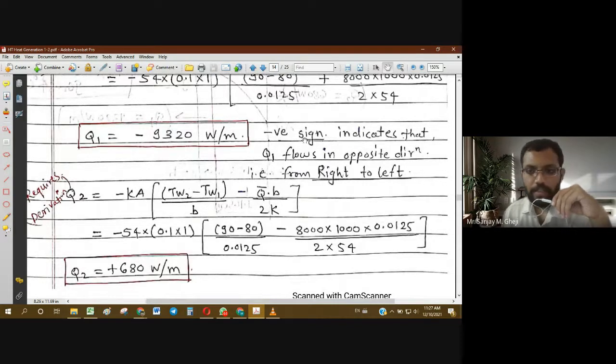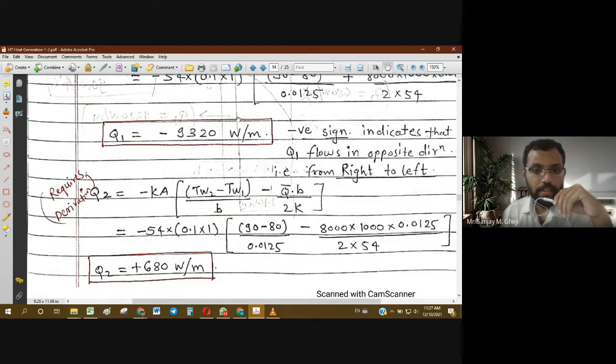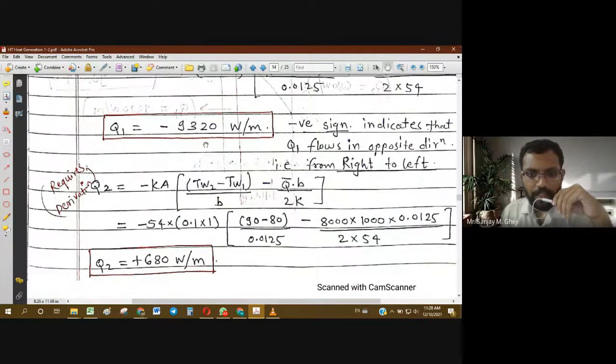It indicates it is flowing in the opposite direction of x, because x is increasing in the right direction, whereas the temperature gradient is in the reverse direction. Whenever in heat transfer rate you get negative values, remember heat is energy and there is nothing like negative energy. Energy will have some finite quantity just like mass.